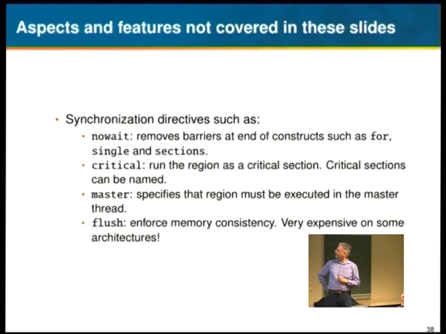Then we have a few other directives, or actually none of these are directives. Nowait is a clause that you add to, for example, a single to indicate that all the other threads that are not busy can continue. So this is improving parallelism in some cases. Critical is a critical section. So you can identify a piece of code where only one thread is allowed to be at the same time.